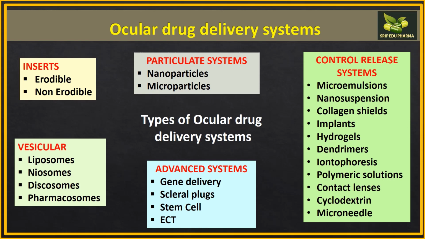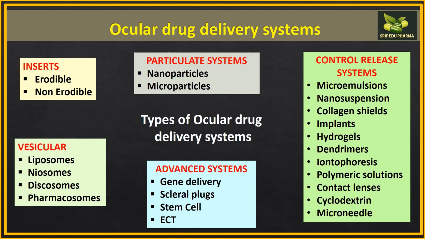Then there are also particulate systems. In particulate systems we see nanoparticles and microparticles, and in the case of advanced systems you can see gene delivery, scleral plugs, stem cells, etc. Then there is one more category which is called controlled release systems.